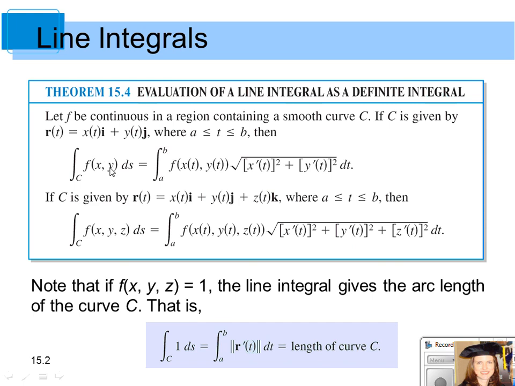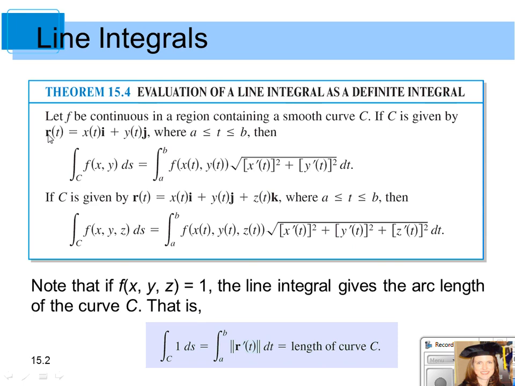In this function of x and y, you're going to replace every x in the function with what x equals on the path. You're going to replace every y in the function with what y equals on the path in terms of t. And then you'll multiply that by the magnitude of the derivative of r of t.